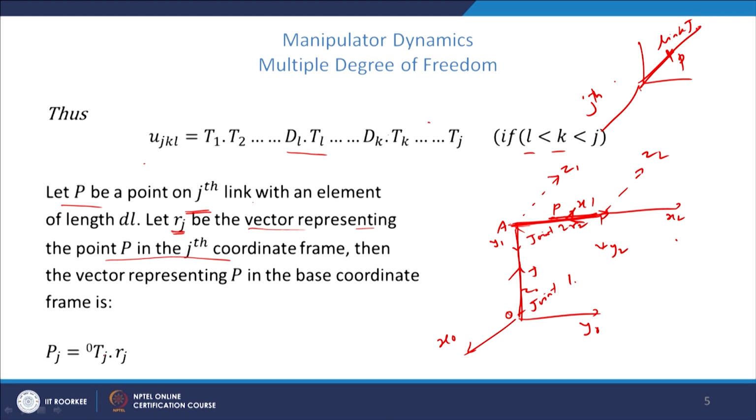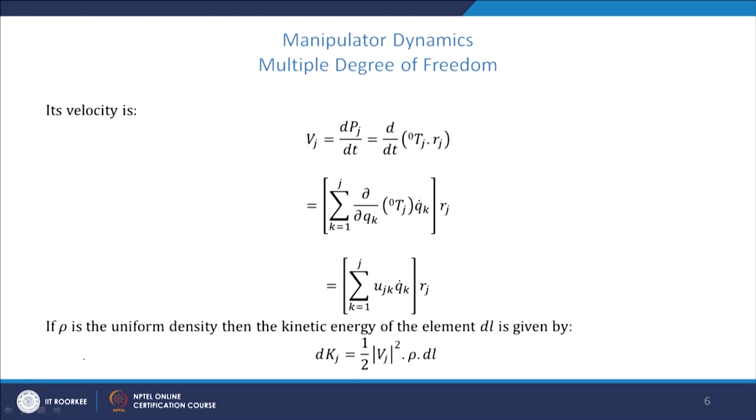Now, the same point P, if you write with respect to the base frame, that is called Pj, the point with respect to the base frame. So, if Rj is a vector with respect to the jth coordinate frame, then if you multiply on the left side by 0Tj, it represents the same point with respect to the base coordinate frame.